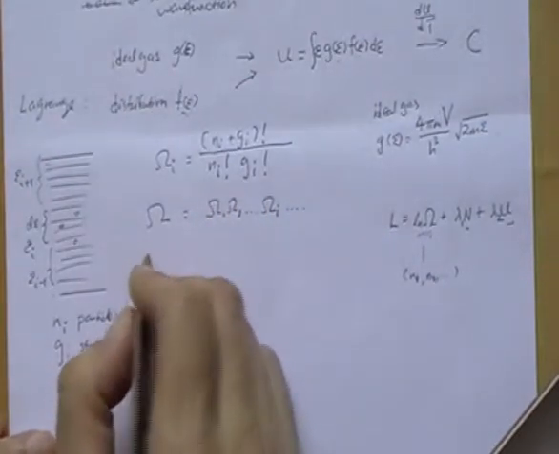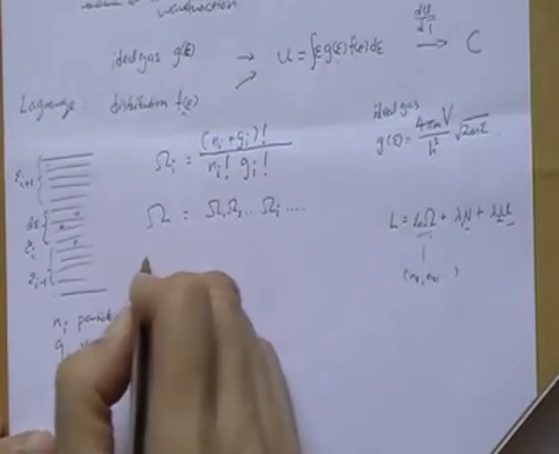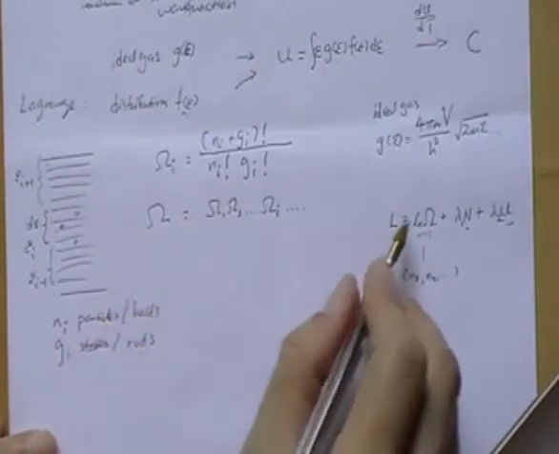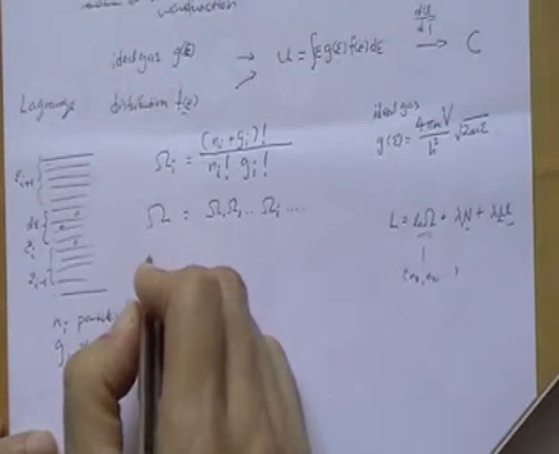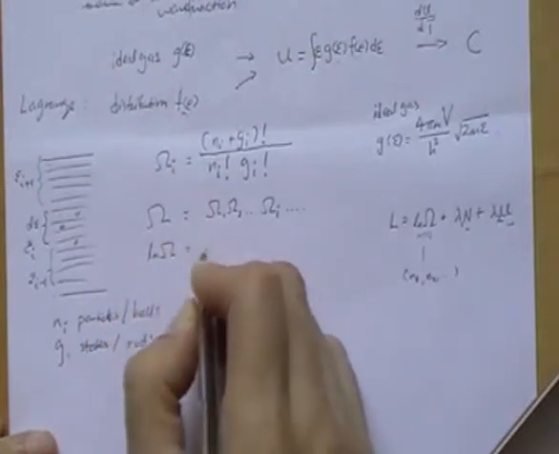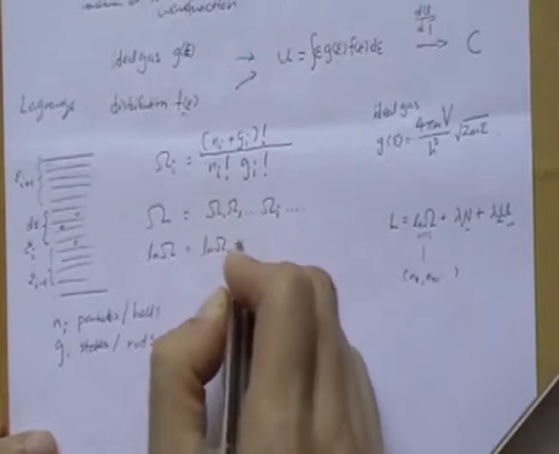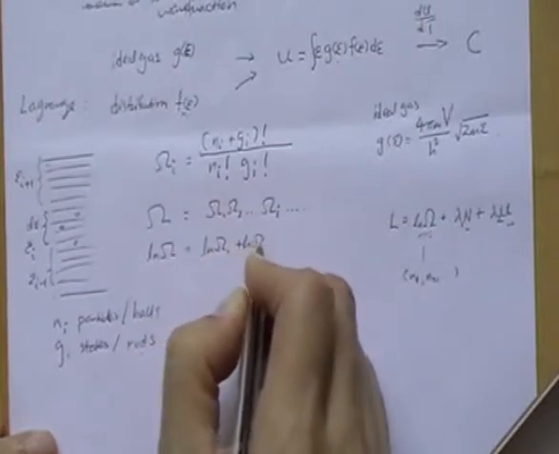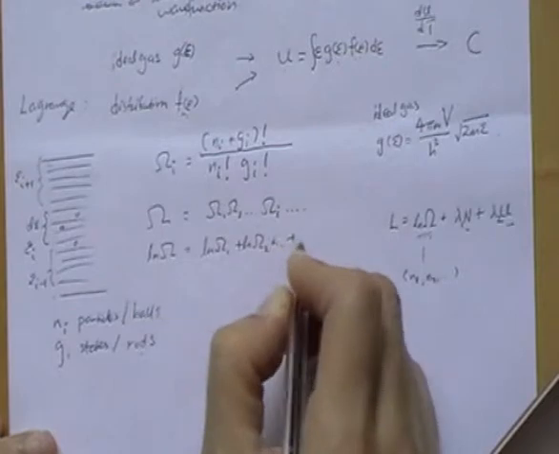And eventually, if I take the log, this would be log omega 1 plus log omega 2 and so on.